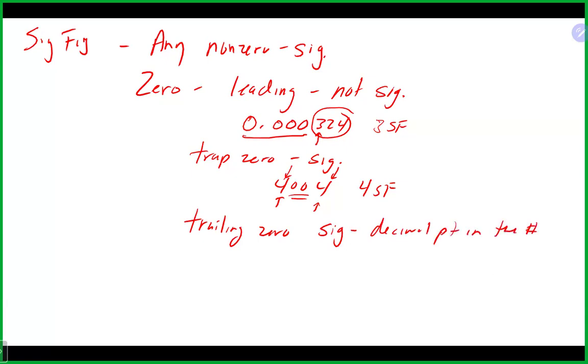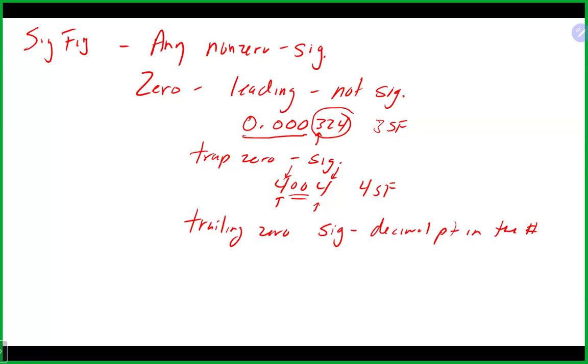And in the case of counting significant figures and those zeros, this is not an imaginary decimal point. It actually has to be written in the number. So you can't just assume that there should be one there. It does have to be actually written in the number for those zeros to be significant.